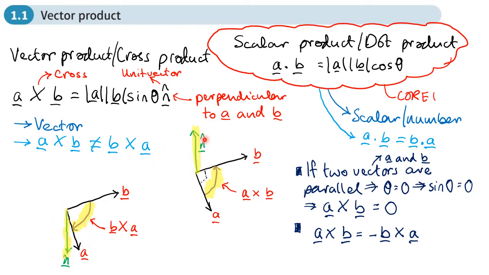The lengths of B and A are the same, and the angle between the two vectors is the same, but the normal vector will be pointing in the opposite direction, hence the minus. So we get two results here: if our two vectors A and B are parallel, A cross B is 0, and A cross B is equal to negative B cross A.